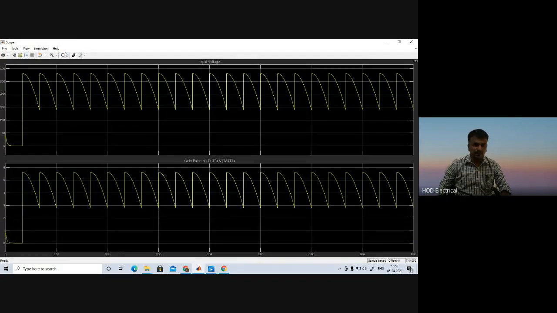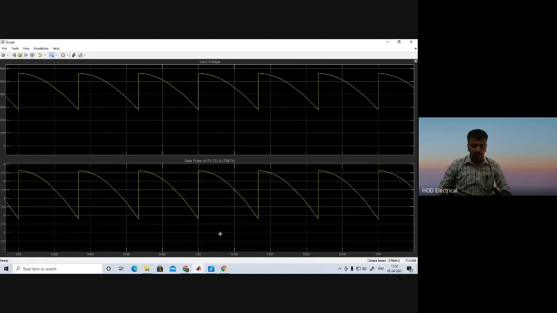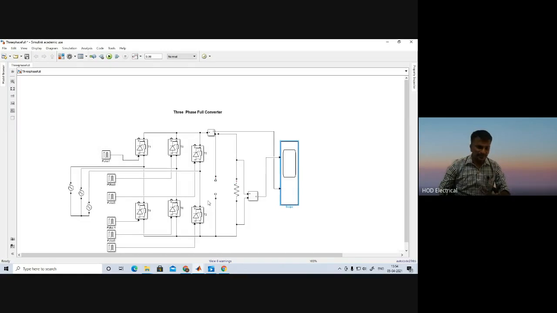For example, one cycle means 0.02 to 0.04. In one cycle we have ripples 1, 2, 3, 4, 5, 6. Six pulses are there, and based on that one can design the capacitor.